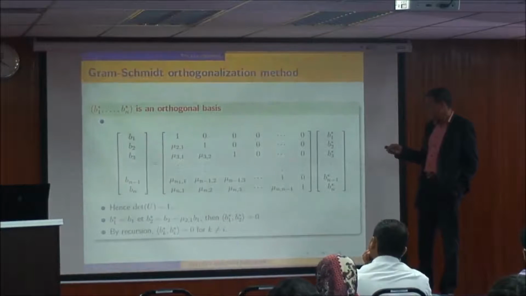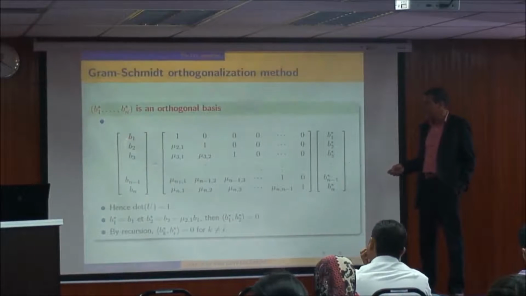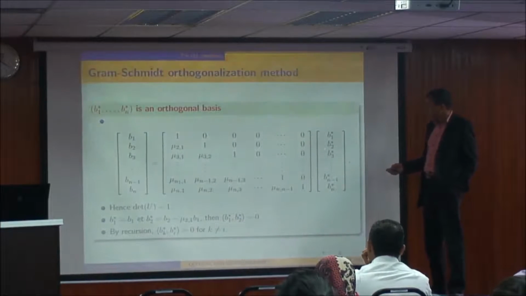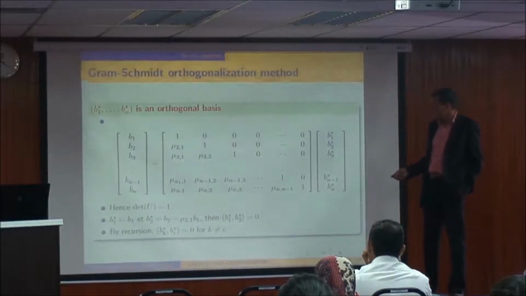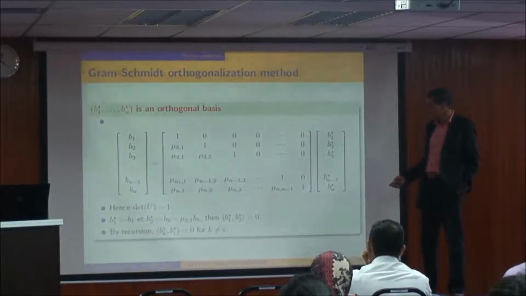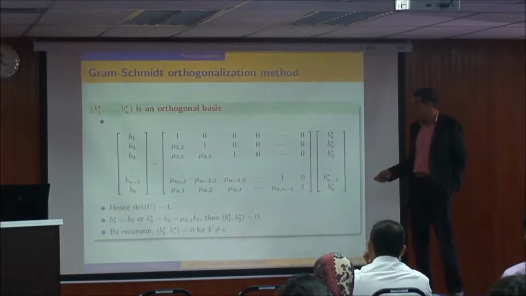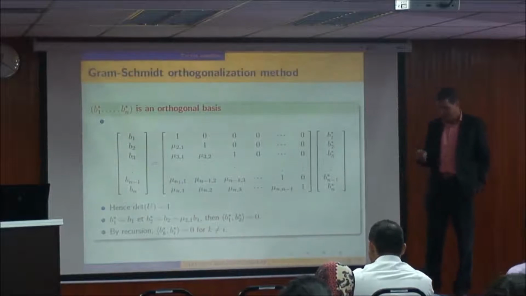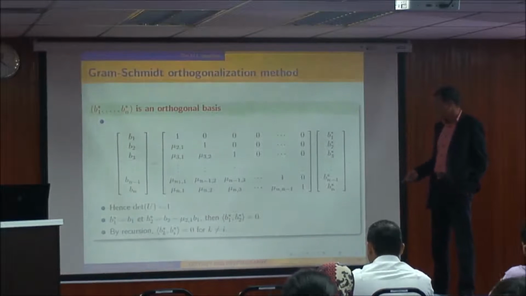When you have the basis B1 to Bn, there is a relation between this basis and the basis with the stars, because we can move from one basis to another by using a matrix like this. We can see that this is a triangular matrix, and all the numbers here can be computed by using the Gram-Schmidt orthogonalization method.